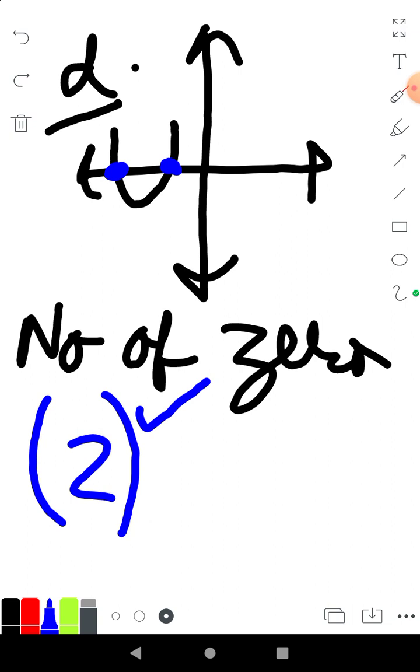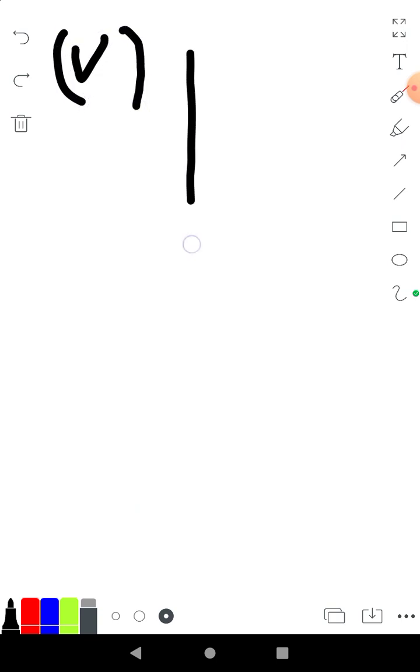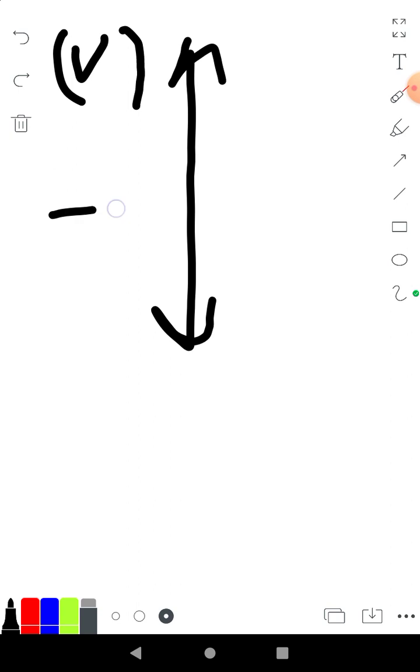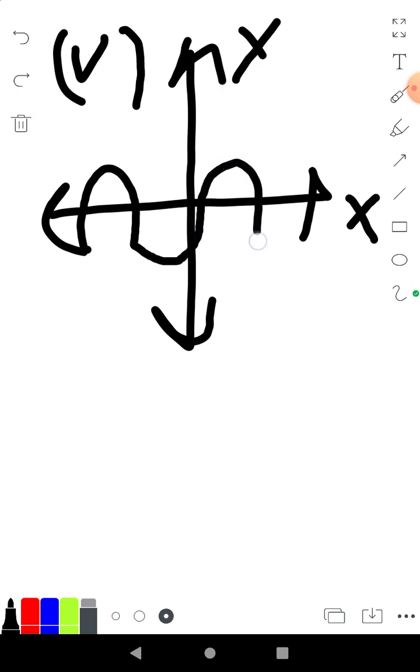Now let's do the fifth part of this question. The fifth part of this question is, the graph is in the form like this. This is the x-axis, this is the y-axis. Now the graph is in a zigzag way. It cuts here, it goes and comes down.